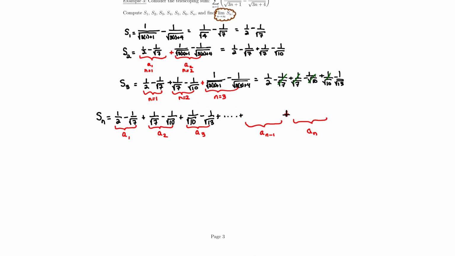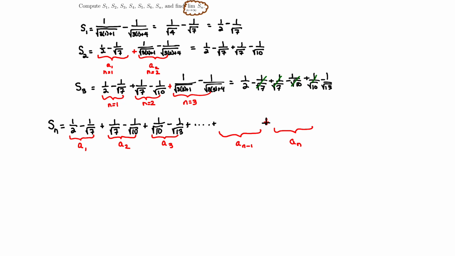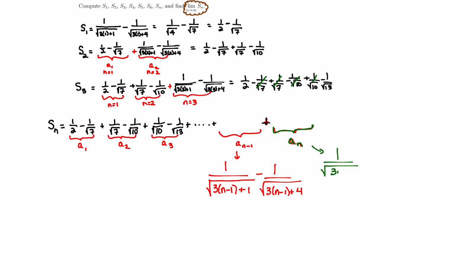So let me just see. n minus 1 is going to give me 1 over the square root of 3 times n minus 1 plus 1, minus 1 over the square root of 3 times n minus 1 plus 4. And a sub n is going to give me 1 over the square root of 3n plus 1 minus 1 over the square root of 3n plus 4.